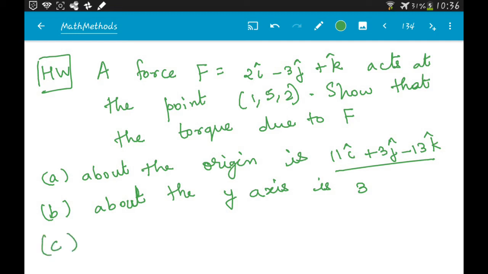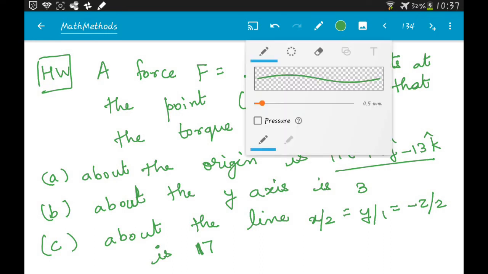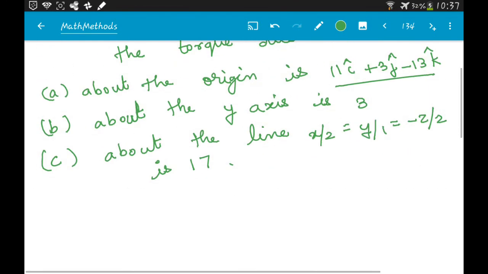And C, about the line x by 2 equals y by 1 equals minus z by 2, it is 17. Alright, this is the first problem.